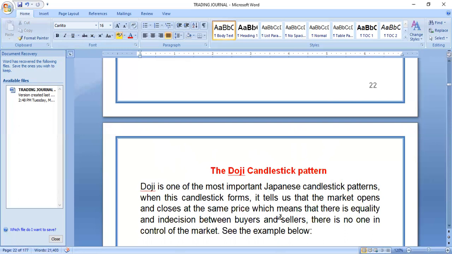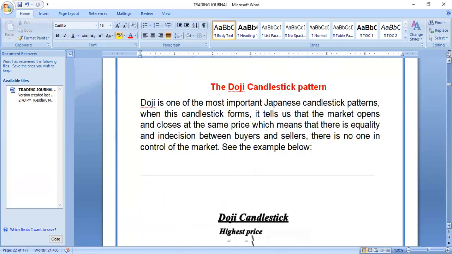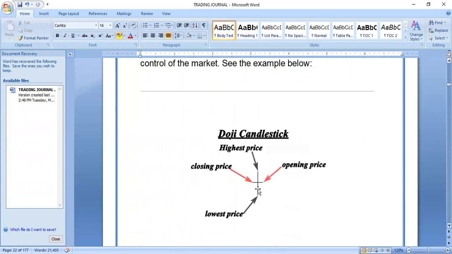Like the illustration below. You see, the high price, the closing price, and both the opening and the closing price are at par, which means both buyers and sellers are in a tussle, they are at war.